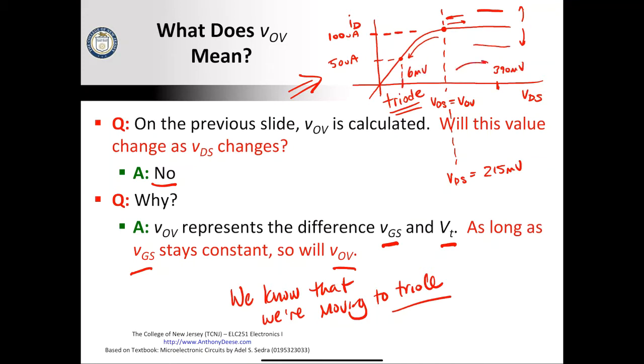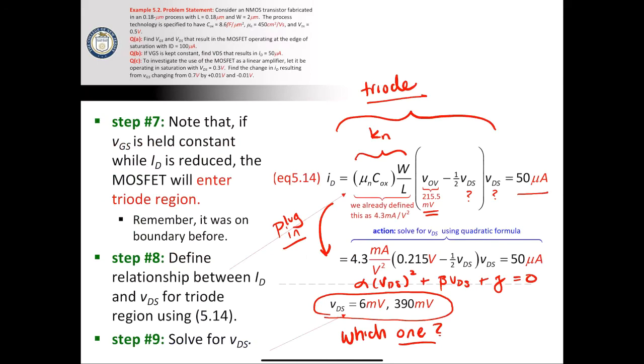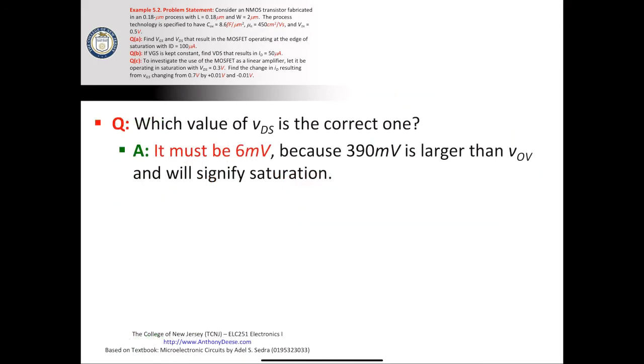So 390 is on the right-hand side of this, pushing further into the saturation region. That cannot be the answer because we've already determined that it must be in triode. Therefore, the only answer that moves us to the left into the triode region is 6 millivolts, and therefore we know that this is the actual answer that we're looking for.